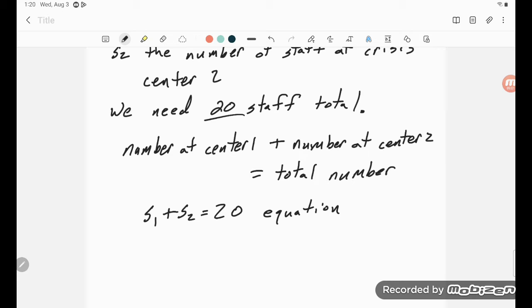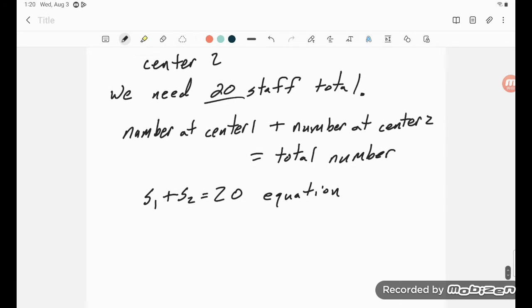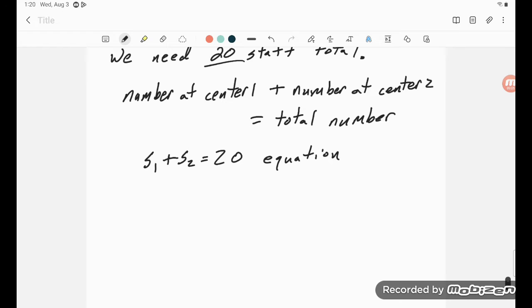Okay. Now then, similar to that though, I may say I need 20 staff because of the populations I need to serve or something like that. But I may also have to worry about a budget.